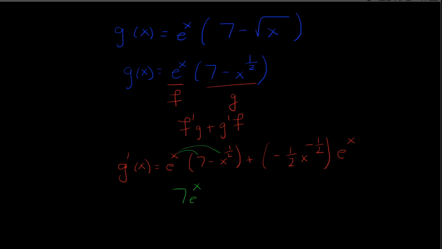We have 7 e to the x minus x to the 1/2 times e to the x, and that is minus 1/2 x to the negative 1/2 e to the x. And here there's multiple ways to simplify it, but we'll just leave it as is.